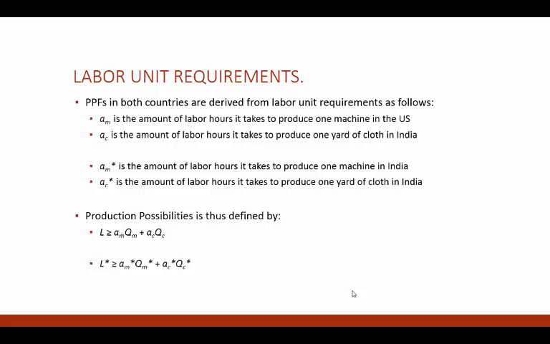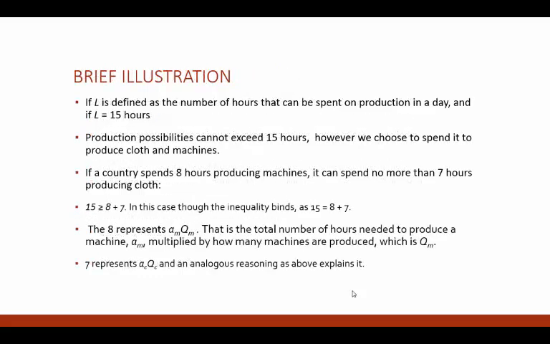Production possibilities for both countries are thus represented as L, the total number of labor hours available in that country, being greater than or equal to the sum of the labor hours used in producing both goods, that is, AMQM plus ACQC. Think of it this way.